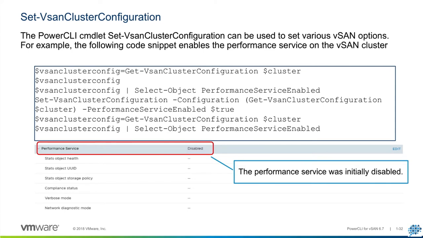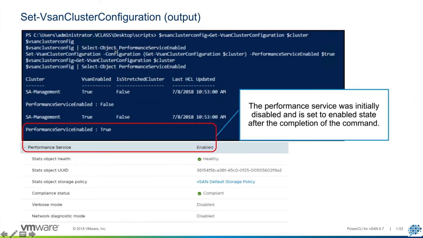Once I run this command, if you look at the output here, the performance service was initially not enabled, so PerformanceServiceEnabled was false. After we ran the command, PerformanceServiceEnabled is now true.